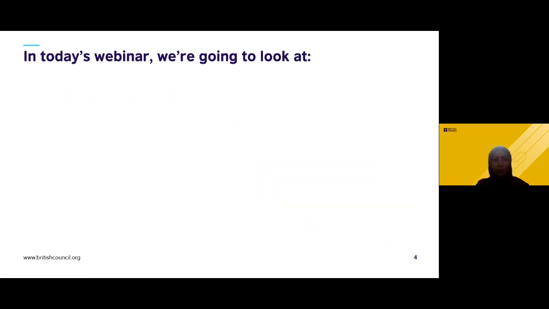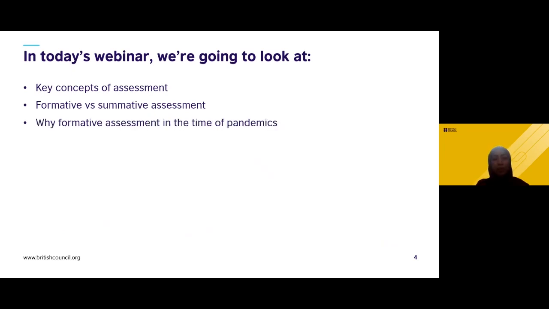In today's webinar, we're going to cover some points. We're going to expose you to some key concepts of assessment. Many of you are already aware of them. We're going to compare very quickly and very lightly between formative and summative assessment, but with a focus on formative assessment as our survival tool during the time of pandemic.